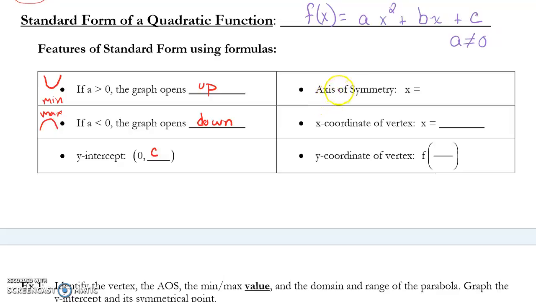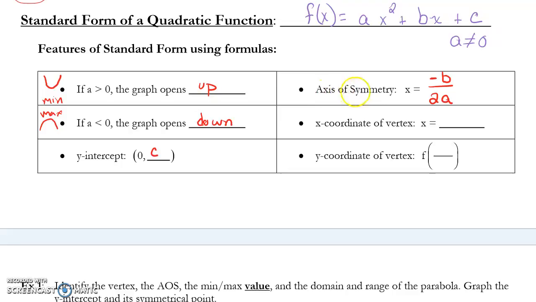Then the axis of symmetry is the x-coordinate of the vertex. Again, vertex is going to be (h, k), but how do we get the vertex when it's not in vertex form? It's a calculation based on the coefficients of x squared and x. So we're going to take the opposite of the coefficient of x, the opposite of b, and divide by 2 times the coefficient of x squared.